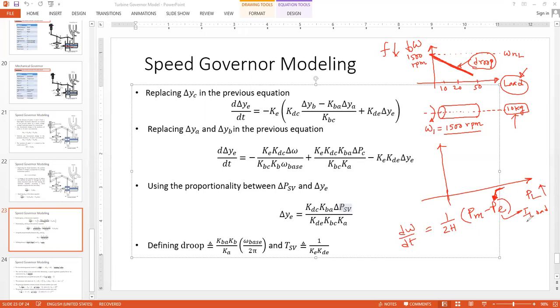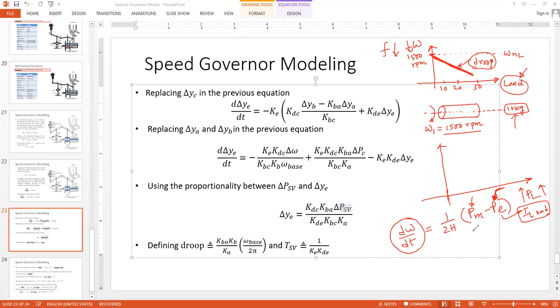So voltage is constant, but the load demand is increasing. The generator would try to provide more current to the load, but we are not controlling the PM. So with respect to a steady state operating point, if PE is increasing beyond PM, what would happen to d omega by dt?